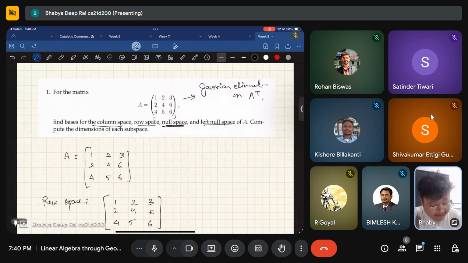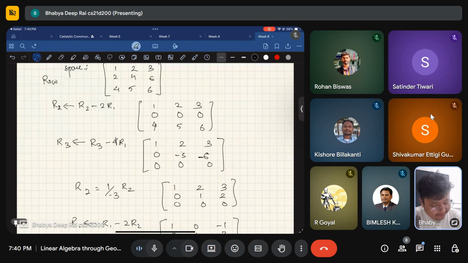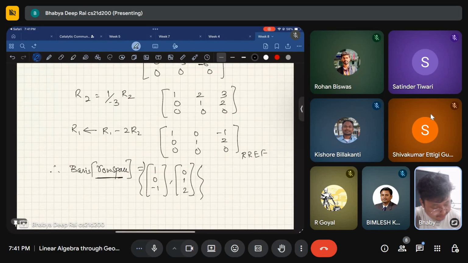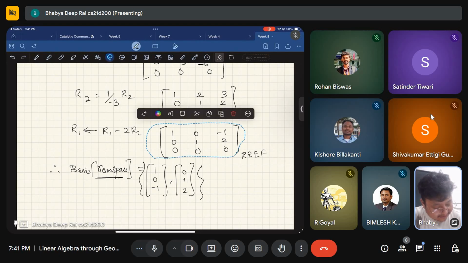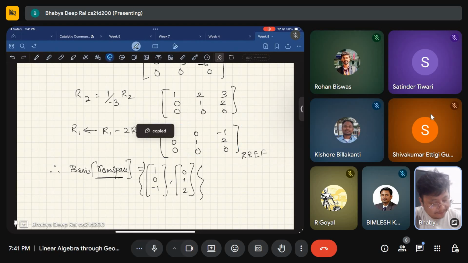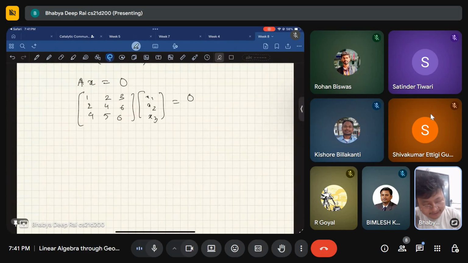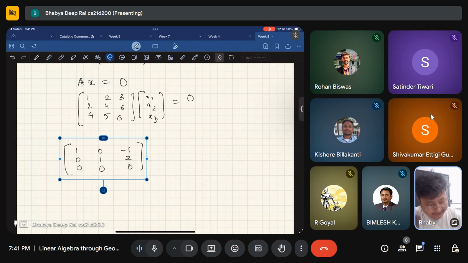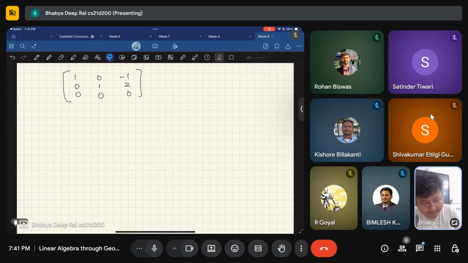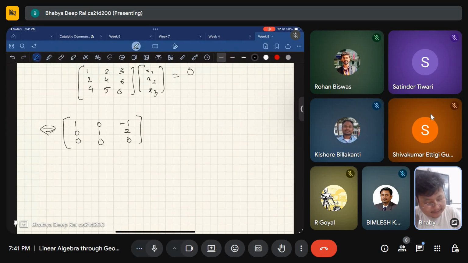Now, we have already reduced it to row echelon form, so we can just directly use this, because Gaussian elimination, as you know, can be used to solve a system of equations because the solution is not affected. So I can write it equivalently as this, x1, x2, x3 equals 0.